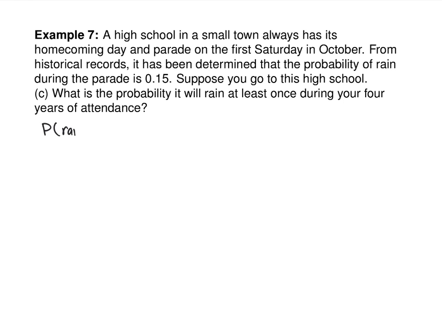Yeah, P of rain at least once is 1 minus P of not rain at all. Those events are complements of each other, right? Either it doesn't rain or it does rain sometimes.